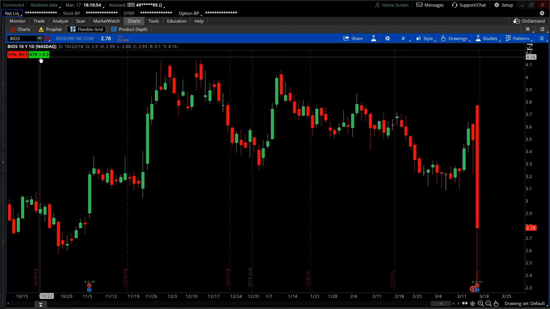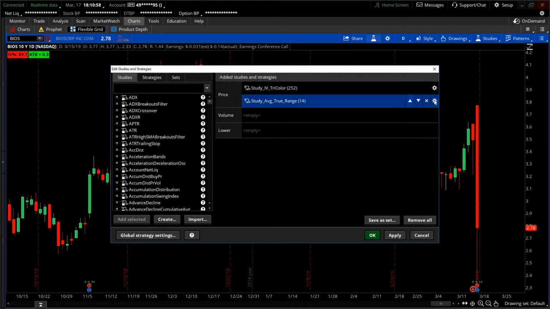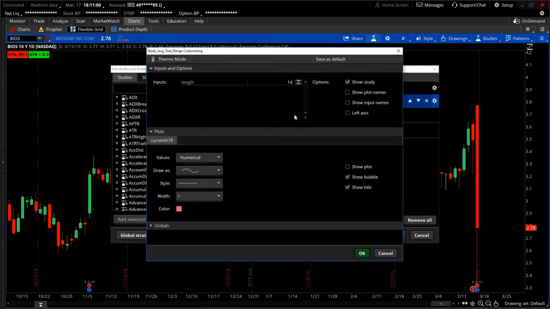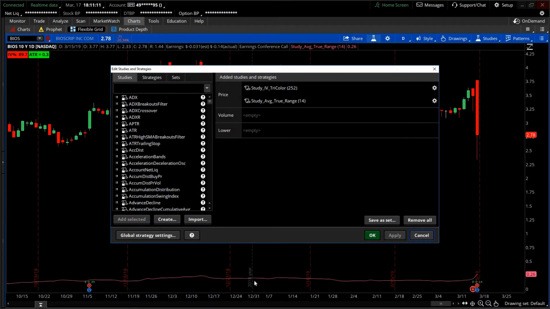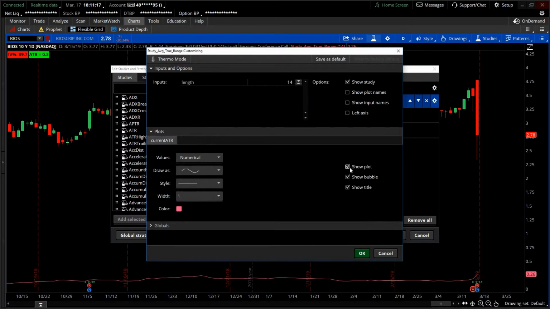Now the average true range is the other one that I use together with it. When you have it set up, it does come with a plot, but I turn it off by unchecking the show plot, because when you turn it on, it gives you this bar down here that doesn't really do me any good. So I just remove it by unchecking that.